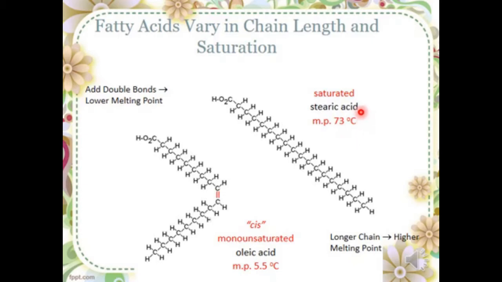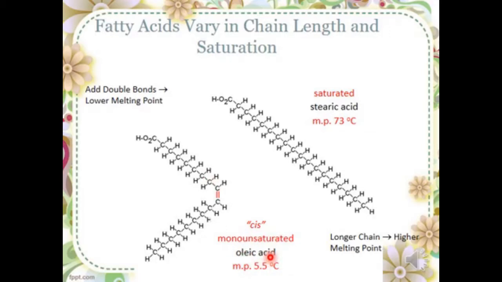However, if we compare with another fatty acid, specifically unsaturated fatty acid, in this case oleic acid, having the same number of carbon, which is also 18, but with the presence of one double bond, the melting point decreases drastically to only 5.5 degrees Celsius.